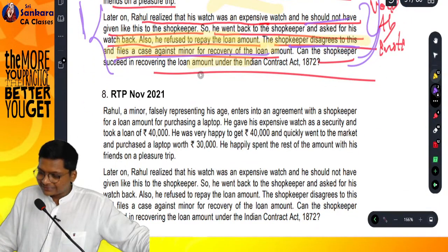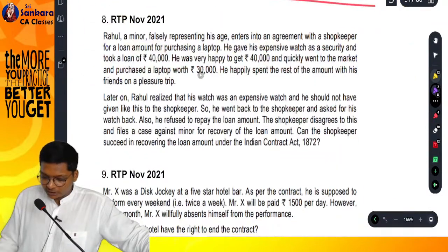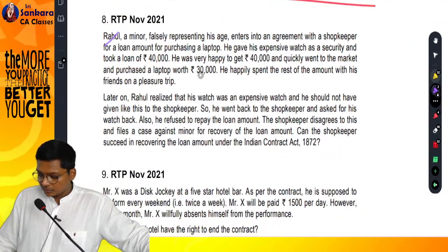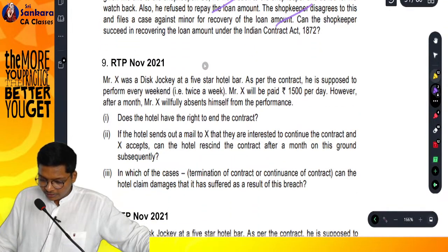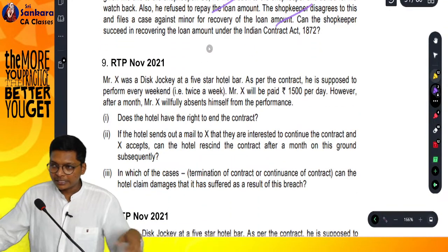I think it repeated twice, guys. 7, 8, one question now. Minor, falsely representing. Are you able to follow, guys? Let's go to question number 9. Read question number 9 by yourself.